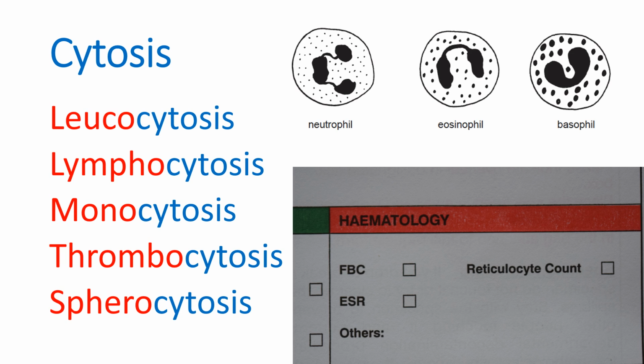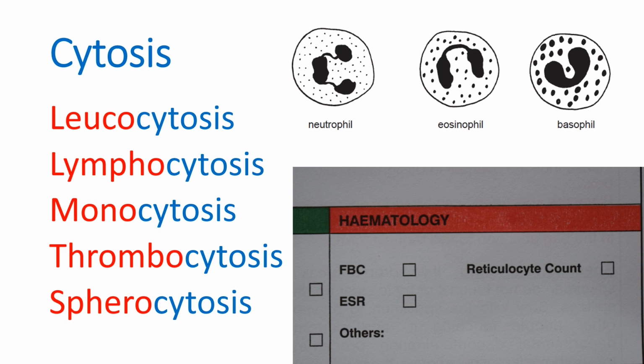But to maintain the classical condition, cytosis now just means to do with cells, but originally it meant a hollow space or container in the original Greek. So as we see, cytosis is commonly used as a suffix on the end of the word. And as we know, leukocytosis is an increase in the number of white cells.